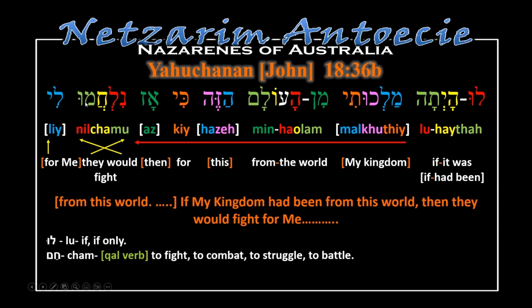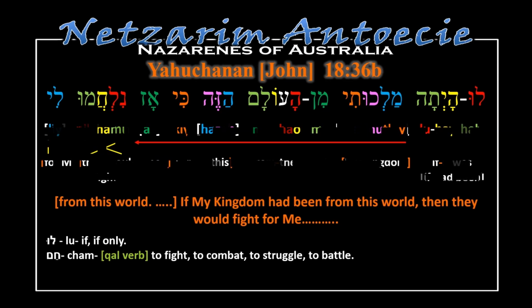And of course, the u at the end is they. And the nun is like a perfect, so therefore it's a completed action. They would fight. And then we have li, which is for me, with lamed being like for, because lamed can be for or to. So now let us read that.